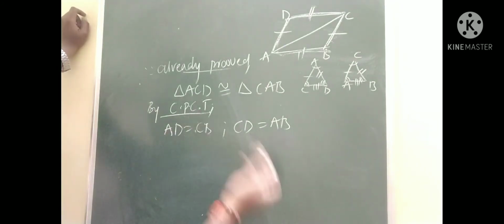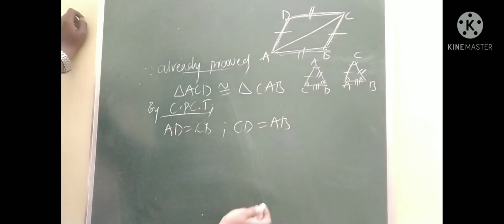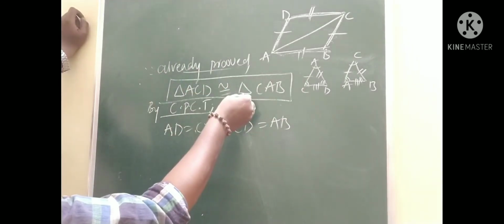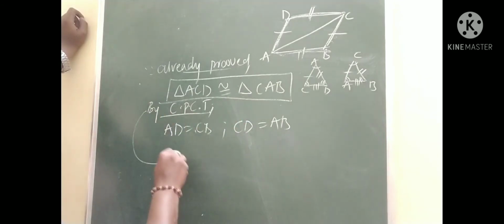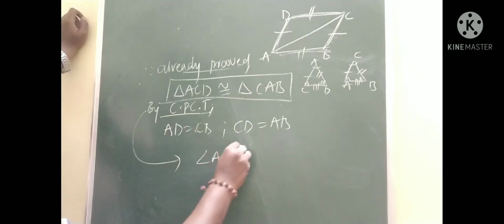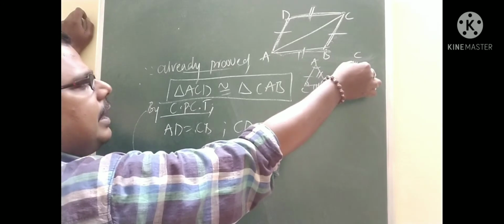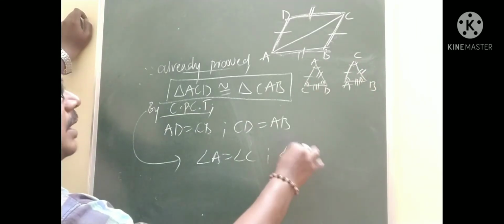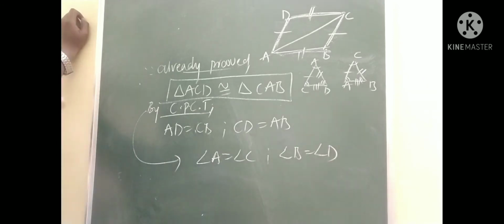And if it is required to prove opposite angles are also equal, you can use the same statement. As these two triangles are congruent, by CPCT, angle A is equal to angle C, and angle B is equal to angle D. Okay, so here we can prove this one also. Got it?